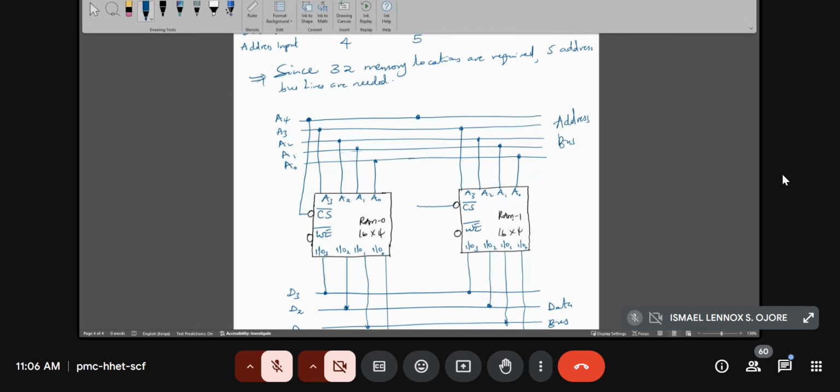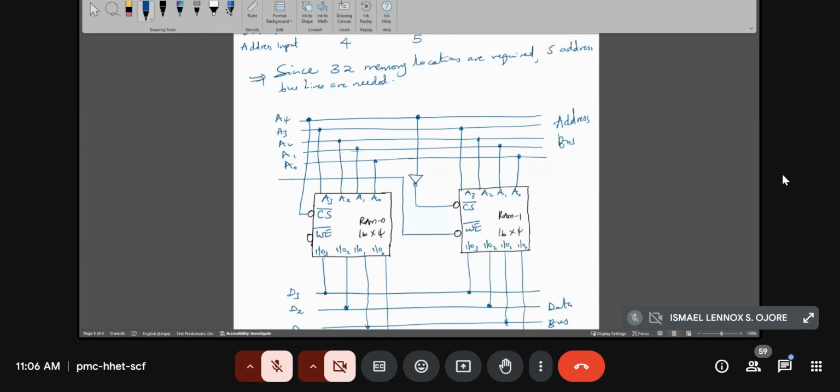So we can introduce the NOT gate here, such that at any given time, only one of the chips is enabled. Then the write enable we can connect directly, just like in the previous case, because as long as the chip is not selected, it will have no impact.